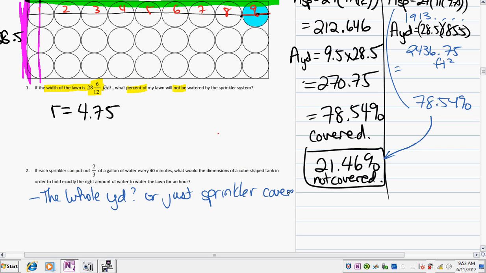or just the sprinkler covered part? Because if it's just the sprinkler covered part, well, I just need to find how long it would take to cover the area. The other thing is, what kind of depth do I need to call it watered?